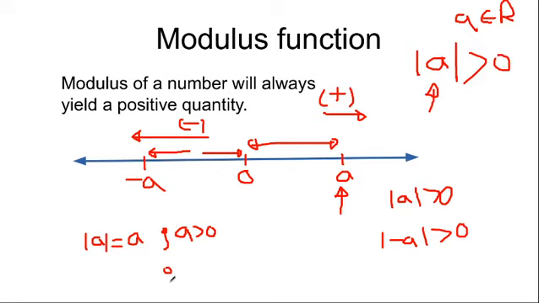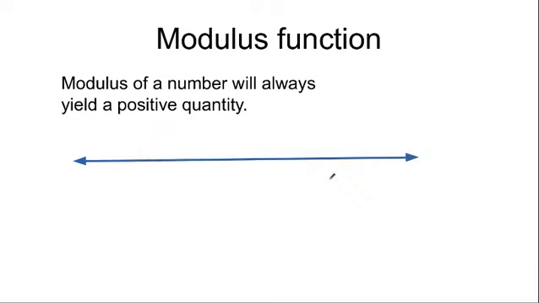But what happens when a is negative? When a is negative, the modulus of a will be replaced by minus a. So to make any negative value positive, you just have to multiply it by minus 1. We'll look at some examples now.